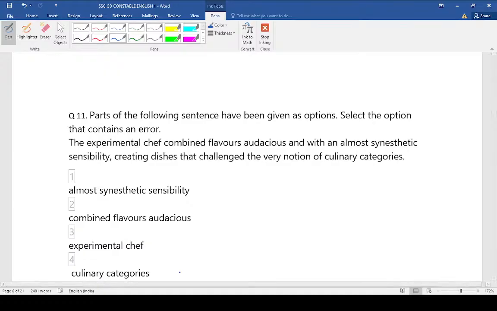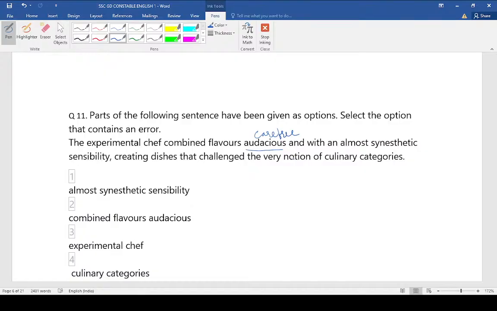Part of the following sentence has been given as options. Select the option that contains an error. The experimental chef combined flavors audacious, and with an utmost synthetic sensibility, creating dishes that challenged the very notion of culinary categories.